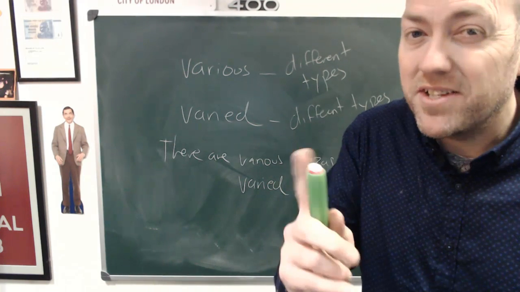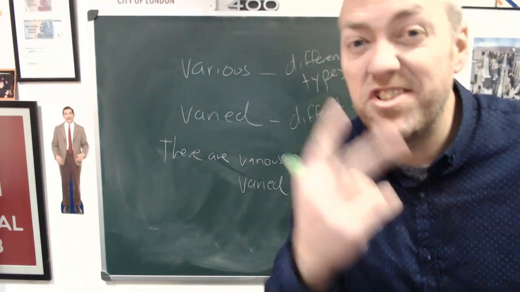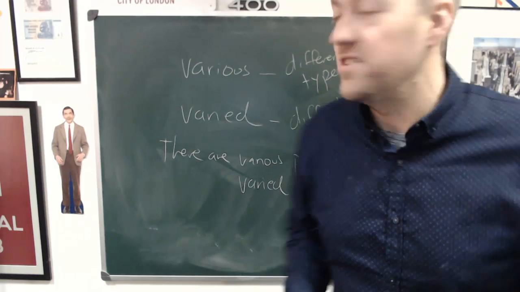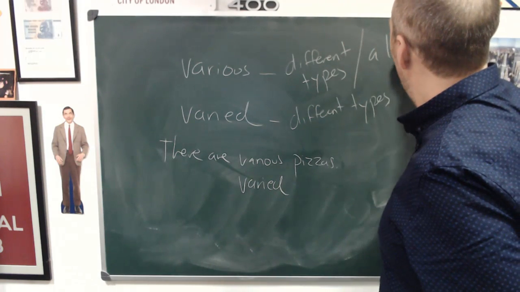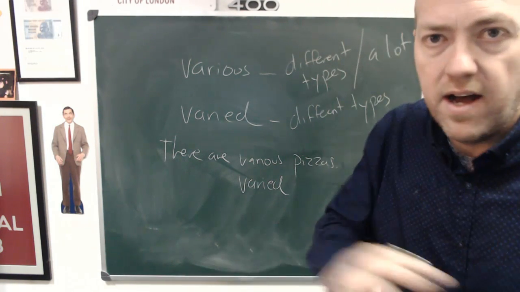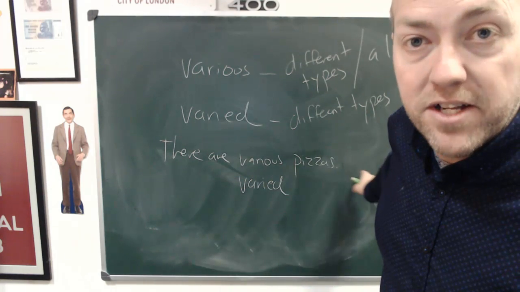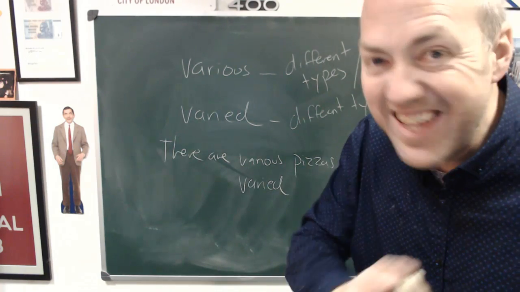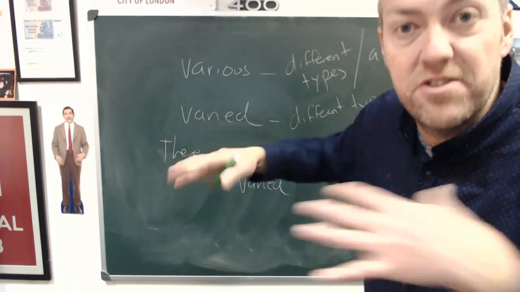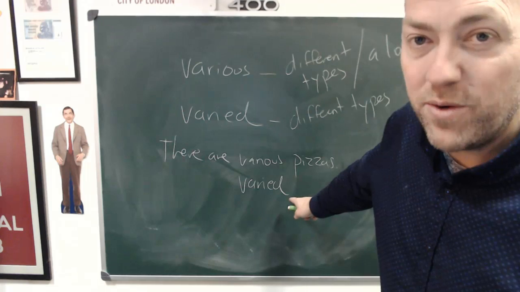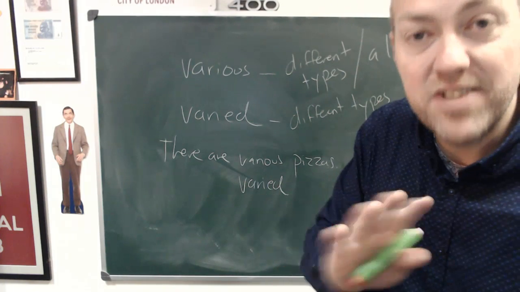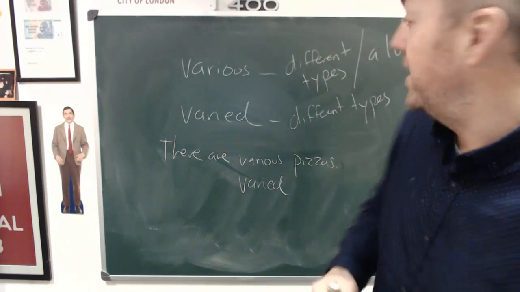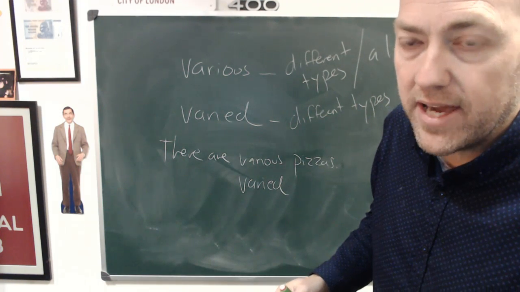But various has a second meaning, which could just mean a lot. So there are various pizzas, all of the pizzas are barbecue, they're the same, but there's lots of them. But varied doesn't have this second meaning. It only has one meaning, different types.